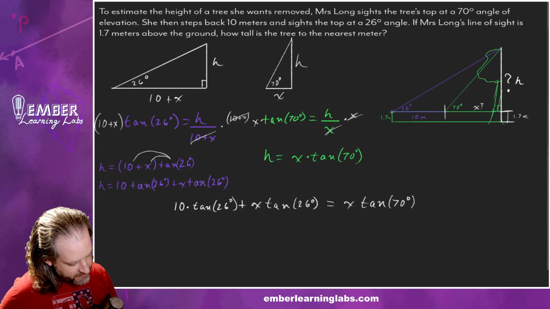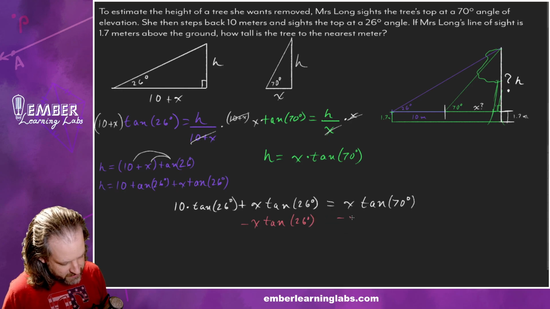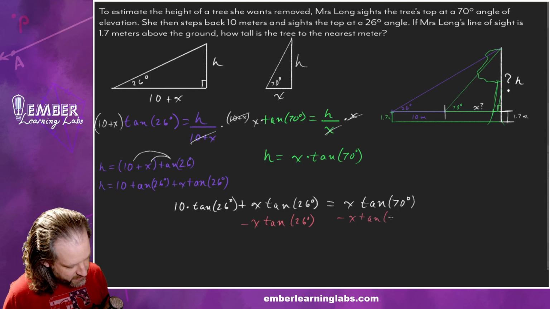So let's do that. So we're going to subtract both sides. Let's do a totally different color. By x times the tangent of 26 degrees. Oops. Then minus x times the tangent of 26 degrees. We can't quite combine these yet.